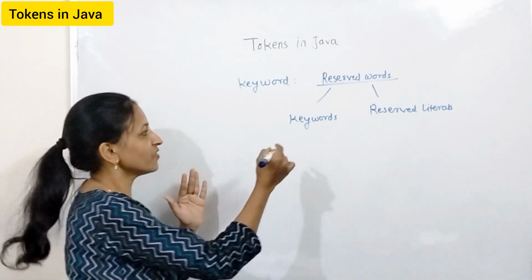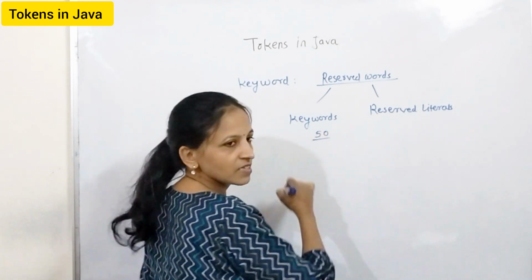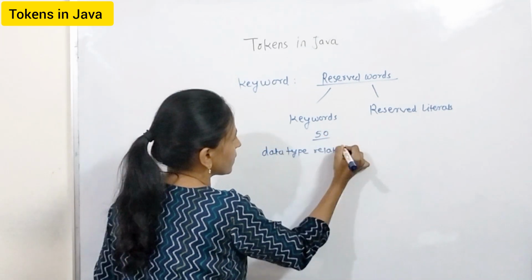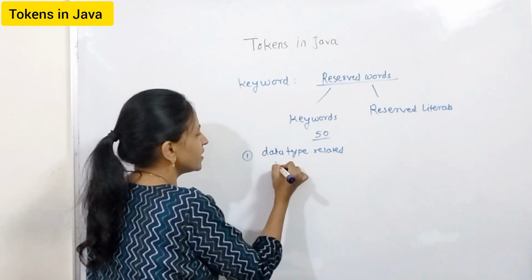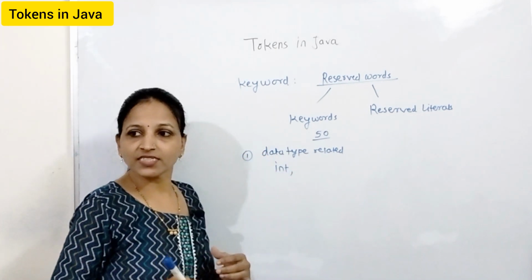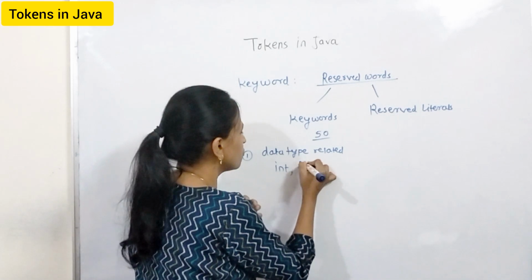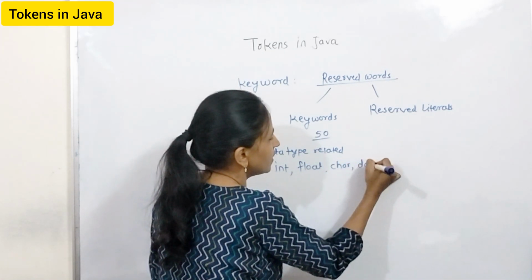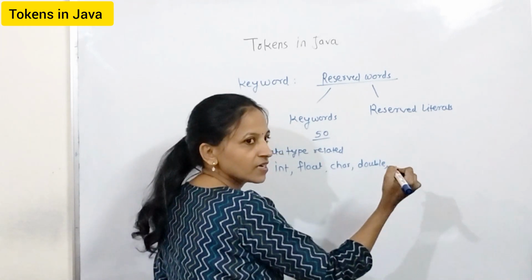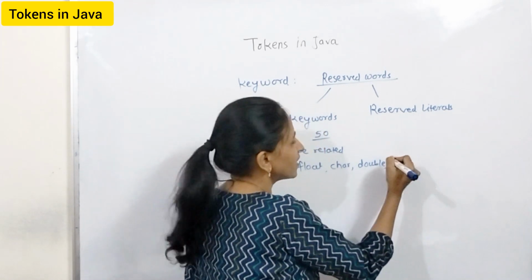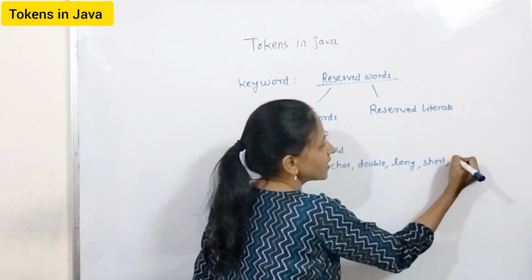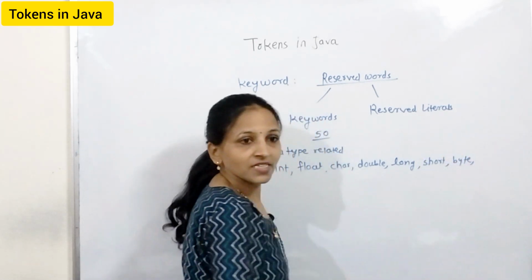Java language has 50 keywords. Okay, data type related keywords are there. Like int is a keyword, it represents integer data type. Int, float, then char, then double, then long, short, then byte. Byte is again a keyword.